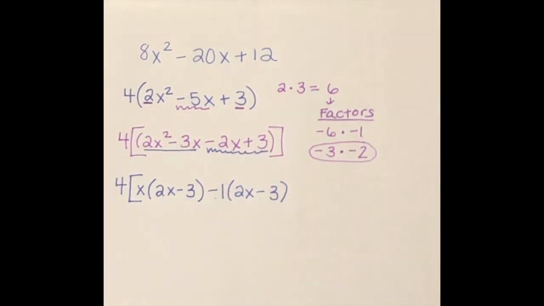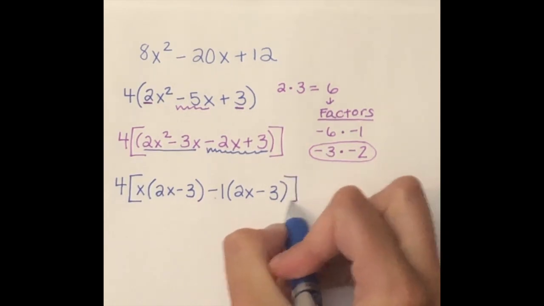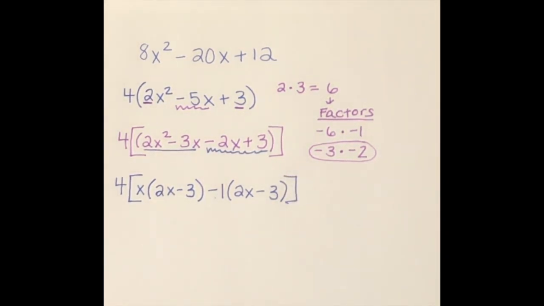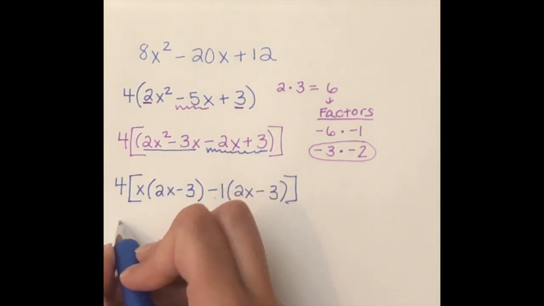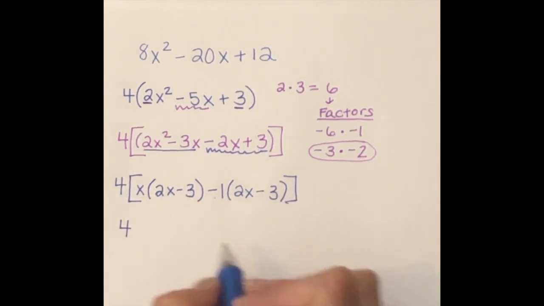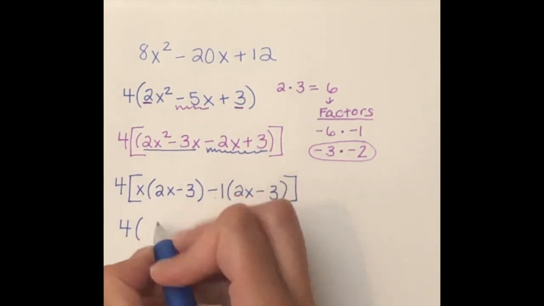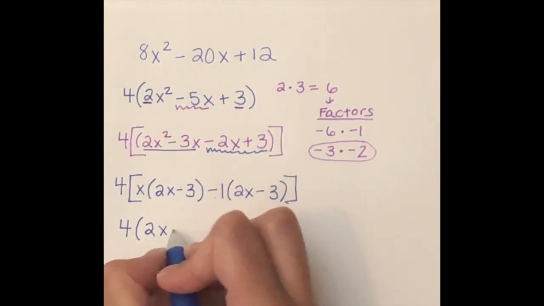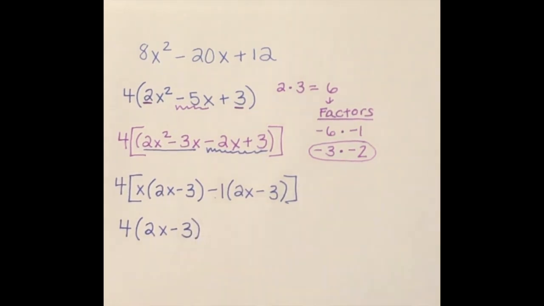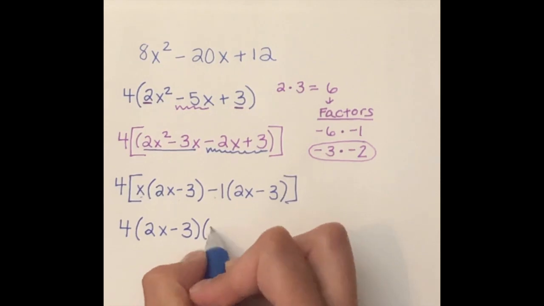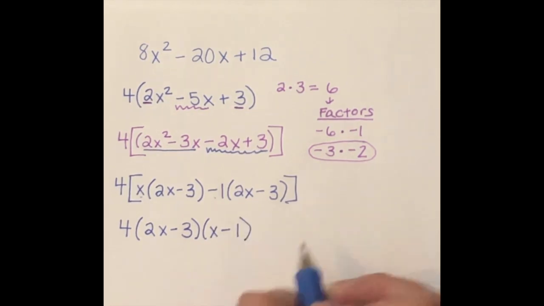So we're here now. All right, we're getting there. Then we just write it like we do with any grouping problem. Remembering that 4 is coming down, we have 4, and then we pull out our greatest common factor here of 2x minus 3, and the leftovers, as I call them, x minus 1, go in their own set of parentheses.